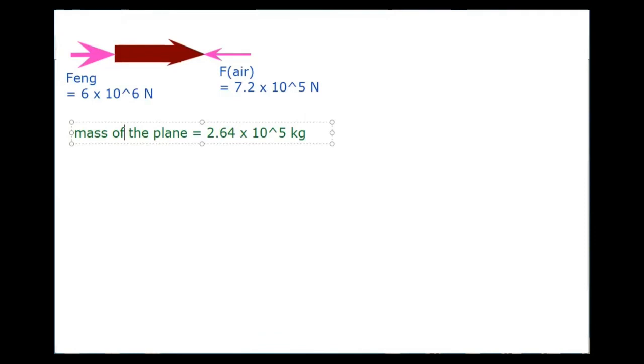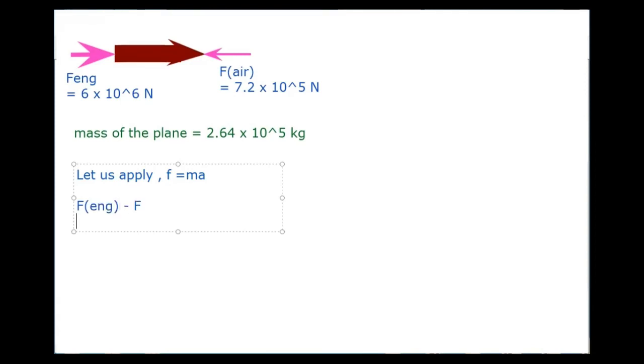Right now, let us apply the F equals ma equation. There are two forces acting on the aeroplane. F_eng, the force given by the engine, tries to move the aeroplane in the forward direction.